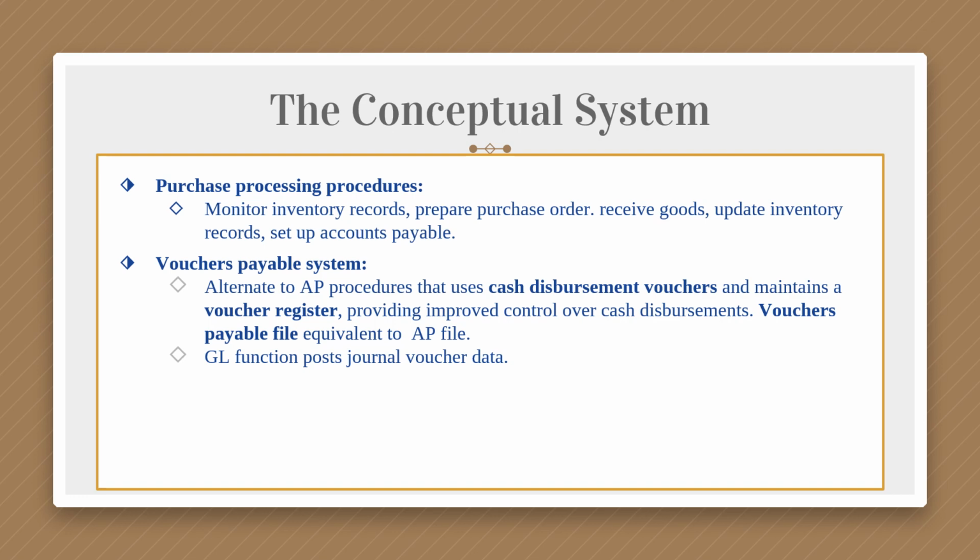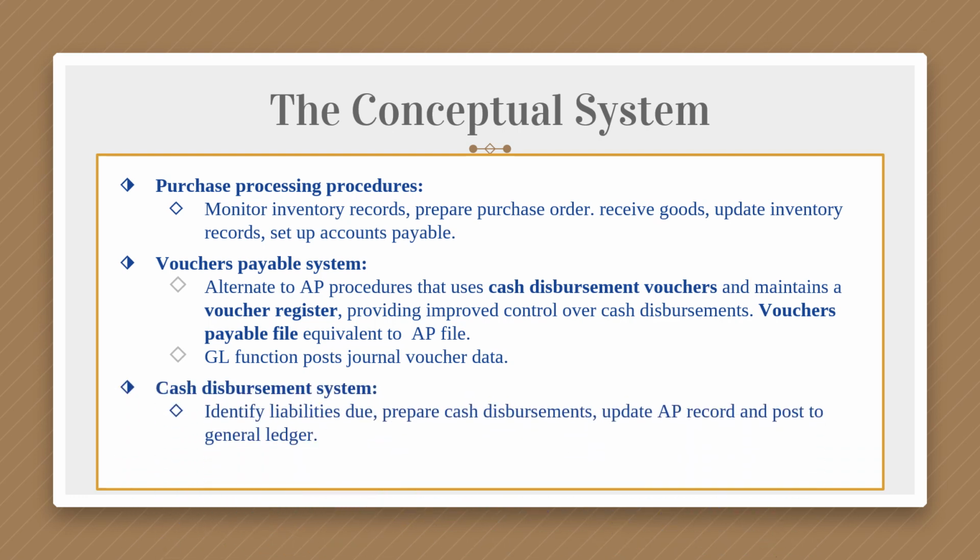The vouchers payable file is equivalent to the accounts payable file. Then the general ledger function posts the general vouchers data. Lastly, the cash disbursement system identifies the liabilities due. When we identify the liability due, that is when we set up the accounts payable.